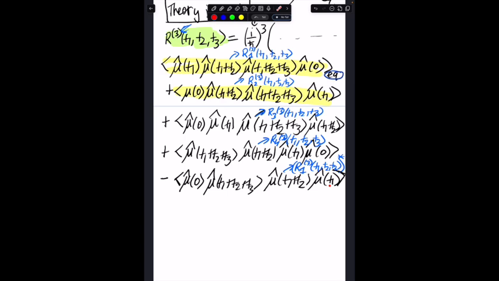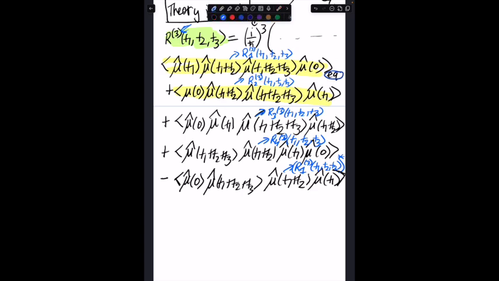So when you have observables or operators, you need to take a Hermitian conjugate of each. And the Hermitian conjugate of a bunch of operators would be the Hermitian conjugate of each individual operator, but the order is reversed. So this would come first, then this, and then this. And just know that the dipole operator corresponds to a physical observable, so the Hermitian conjugate of the dipole operator would just be itself. So what you just need to do is invert the order. So there would be mu t1 first, then mu t1 plus t2, then mu t1 plus t2 plus t3, and then mu 0, which is exactly identical to this. So this is just R1 star.